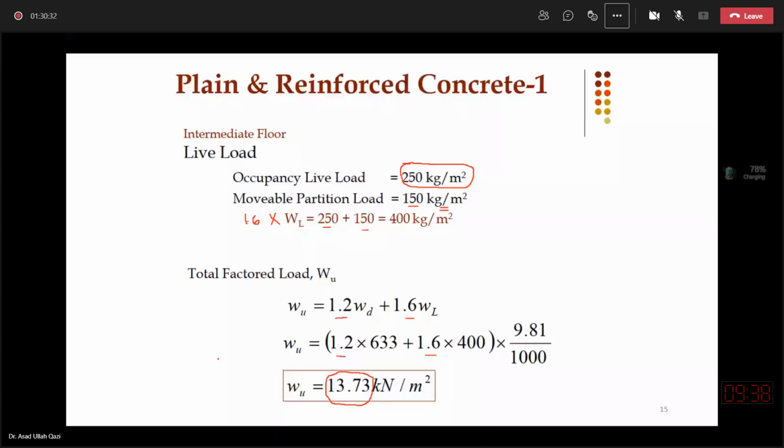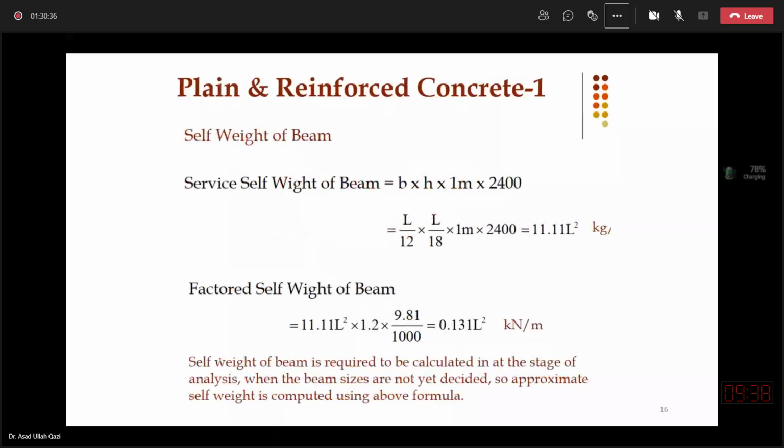Then the beam also has some cross section, it has some projection below the slab. The stem load of the beam is also very important, and will become quite big in case the beams are deep.